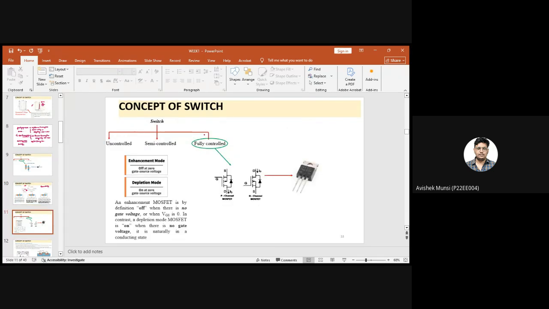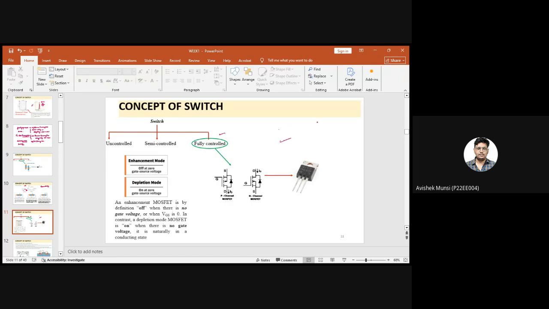Next category of switch is the fully controlled switch. Basically, this type of switch we use in designing power converters like inverter, buck converter, boost converter. We have to use this kind of switch. What happens in a fully controlled switch? An example is MOSFET.